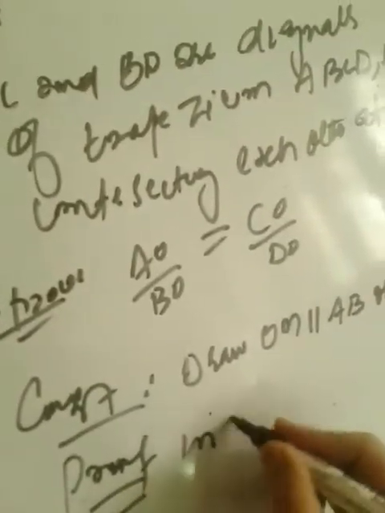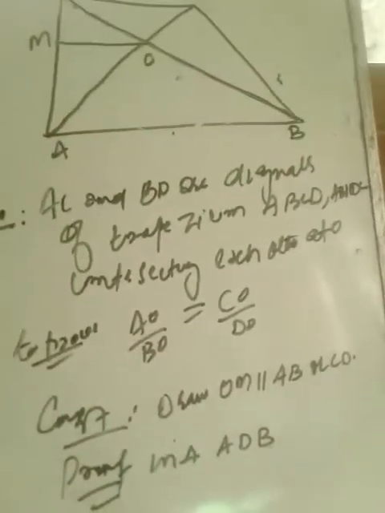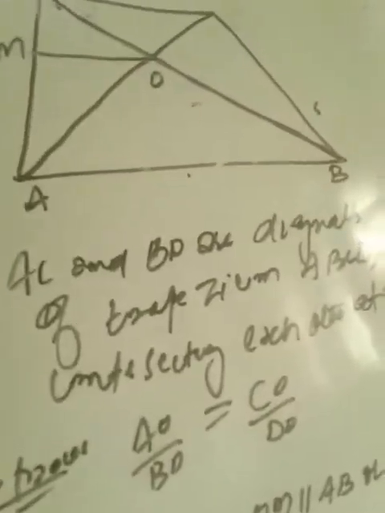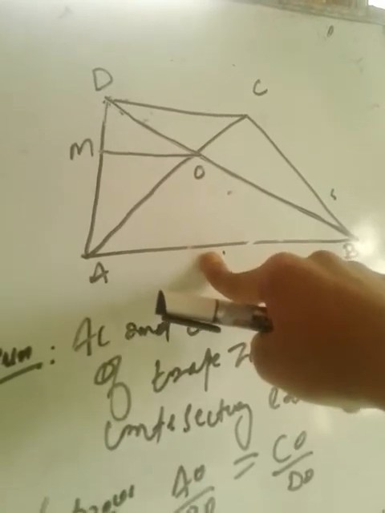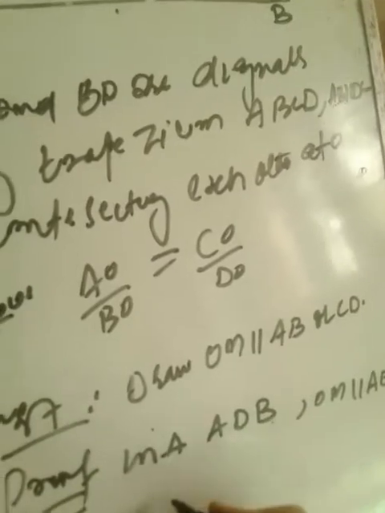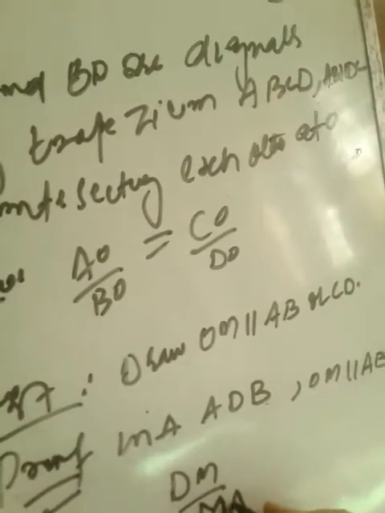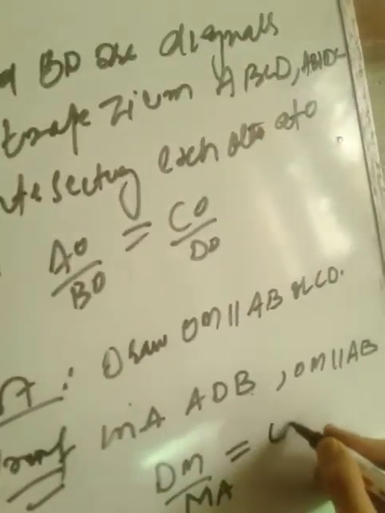In triangle ADB, OM is parallel to AB. So we will write DM by MA equals CO by OA.